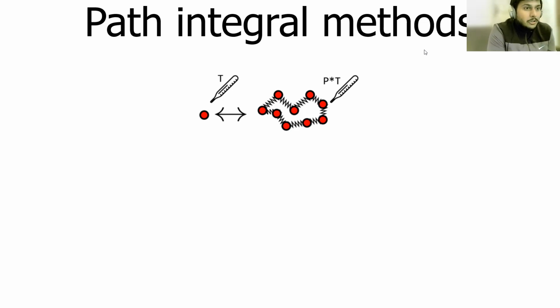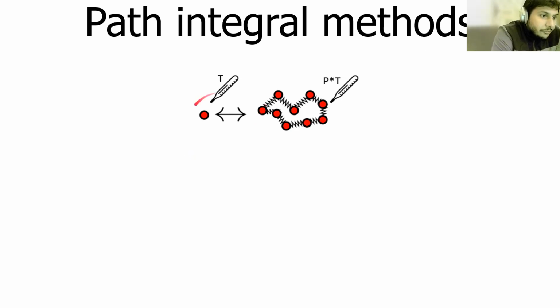So the question is, how do you include the quantum nature of nuclei? You could try to solve the vibrational Schrodinger's equation, and if anything that electronic structure has taught us, that will be painful. So the path integral method is something which allows you to perform quantum nuclear motion in a classical manner. And what exactly does that tell you?